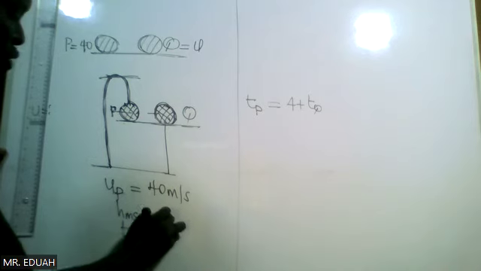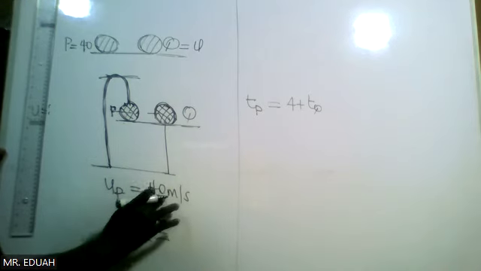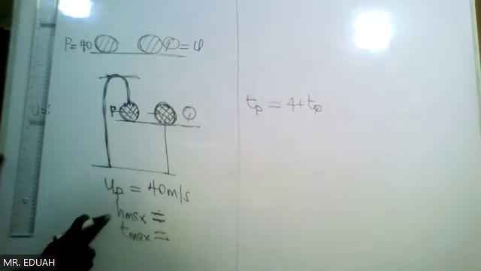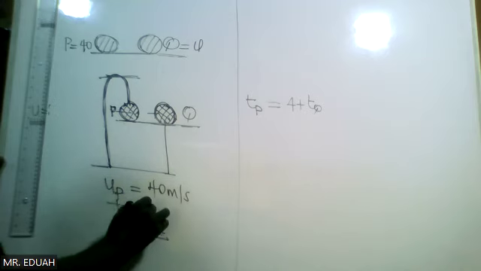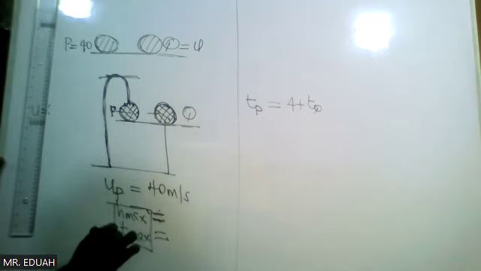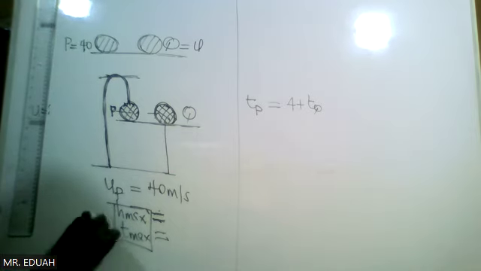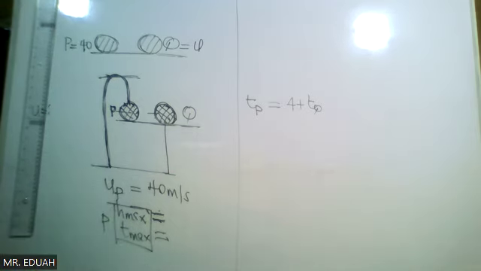So if UP is 40, help me determine the maximum height reached by P and the time taken for P to reach the maximum height. Are you okay? Yes, please.